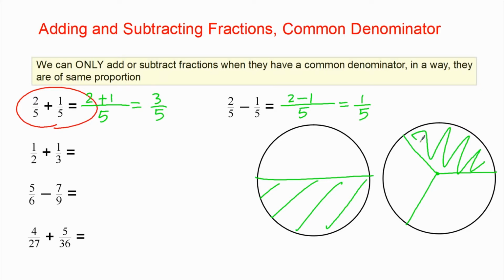So if I want to add these up, I don't have any sort of visual understanding of how that can be done because the portions are different. As you can see, this is this portion in here on the left. This portion is a completely different portion from the portion that we have on the right.